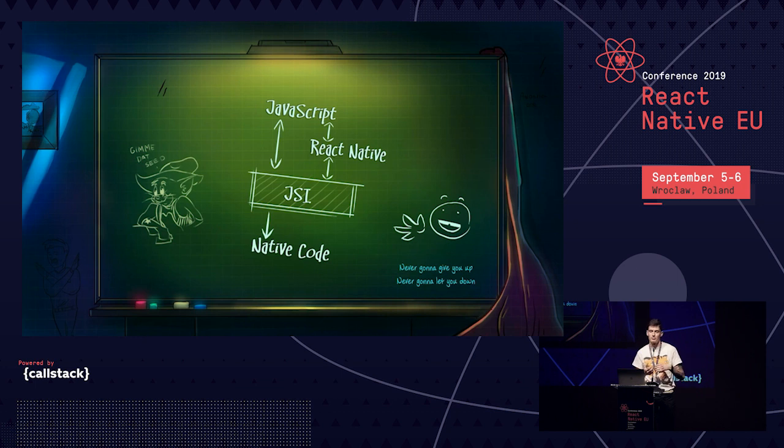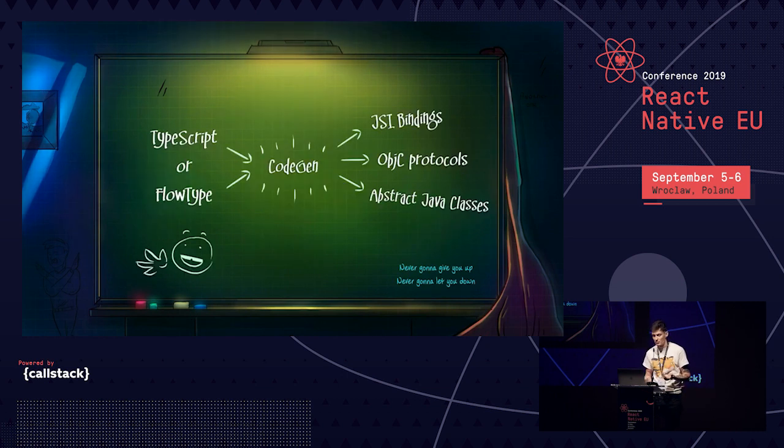And then, before we run our application, we can run a tool called CodeGen that's going to take these types, parse all the things, and then generate some outcome. This outcome would be GSI bindings, as we talked about them just a minute ago. Then it's also going to be Objective-C protocols, abstract Java classes, or whatever primitives it's going to be.